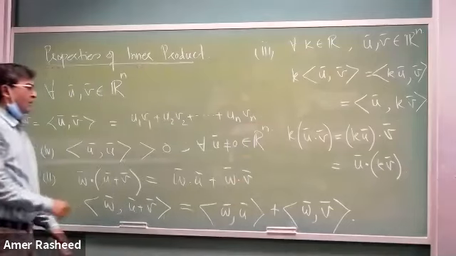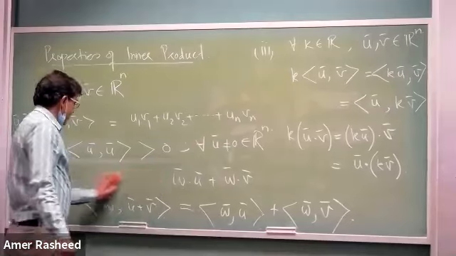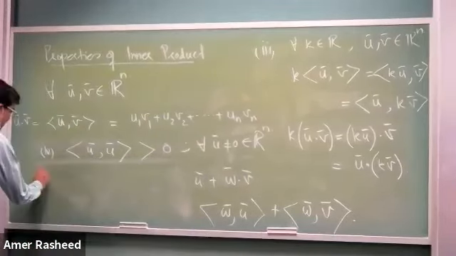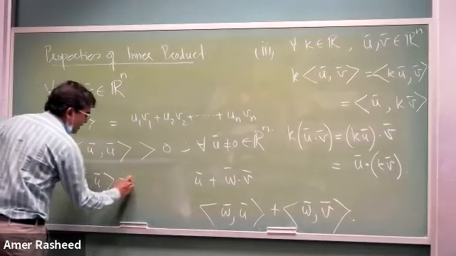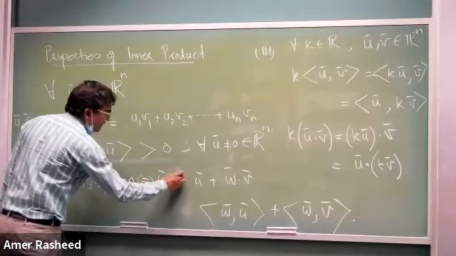Okay. So if it is 0, the next property, the 5th: the inner product of a vector with itself is 0 if and only if the vector is itself 0.